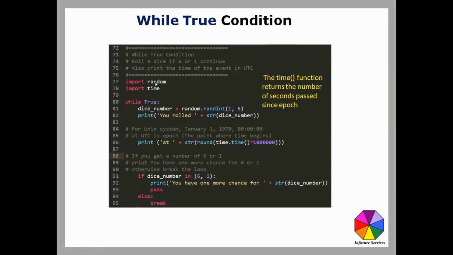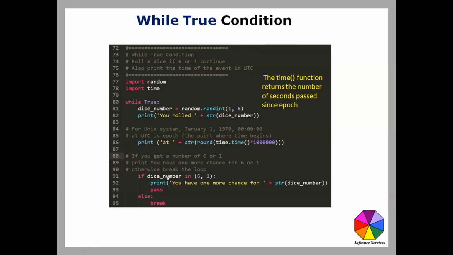When you're using the random package, you're rolling the number. We know the game of dice: if you get the number 1 or the number 6, you can get another chance to roll the dice.